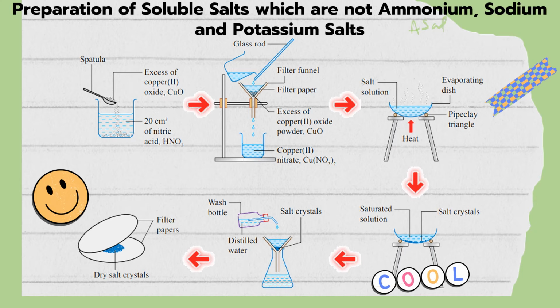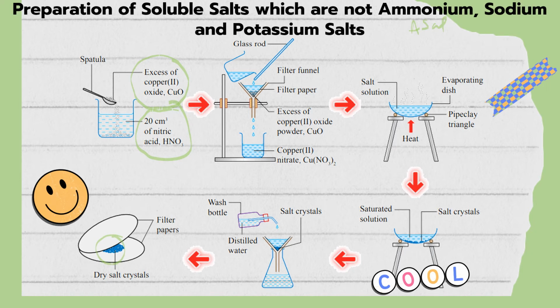In this example, they use a metal oxide and an acid. If you use copper(II) oxide and nitric acid, you will produce copper(II) nitrate salt.